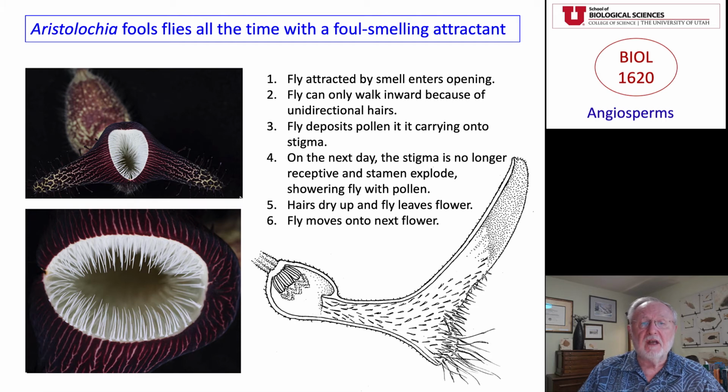On the first day, the fly is attracted with the smell, comes inside, and the stigmatic surface is active, but the anther or male surface, the pollen grains, are not. So this is a time in which the fly walks in, and if it's carrying pollen, as it walks around, it deposits that pollen onto this flower's stigmatic surface.